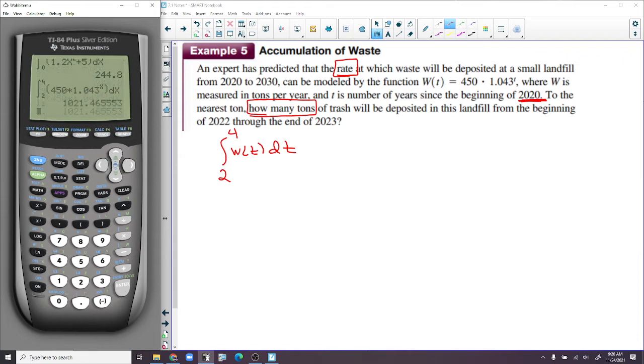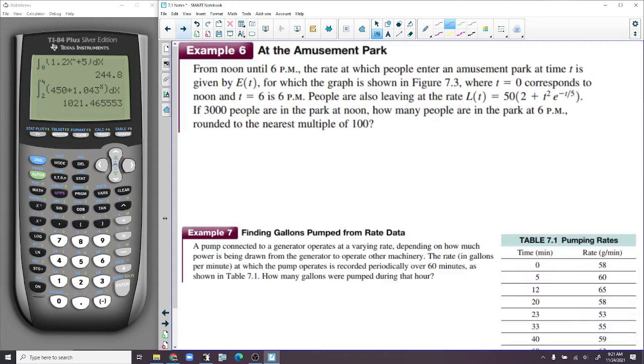All right, 1021. I think it says it around here, to the nearest ton. So 1,021 tons. We always round to 3 decimal places unless it says otherwise. So that is an accumulation given the rate. We're going to practice that a lot.